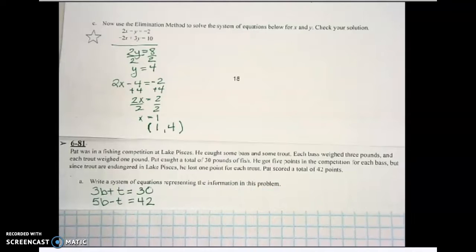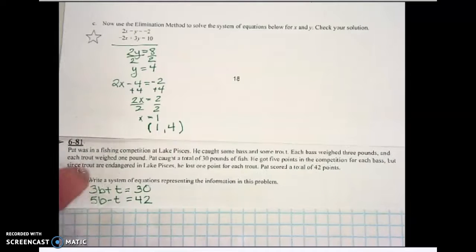Okay, so the first thing they want us to do is write a system of equations representing the information in this problem. So the first equation has to do with the weight of the fish, right? The bass weighed 3, so we say 3b. The trout weighed 1, so we say 1t. If you want to write a 1 in front of that t, you can. And together, they were 30 pounds.